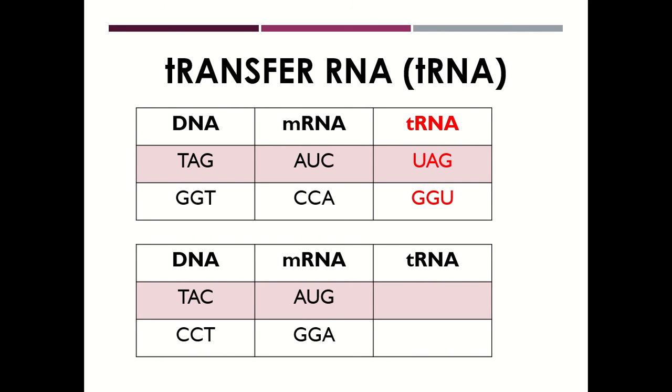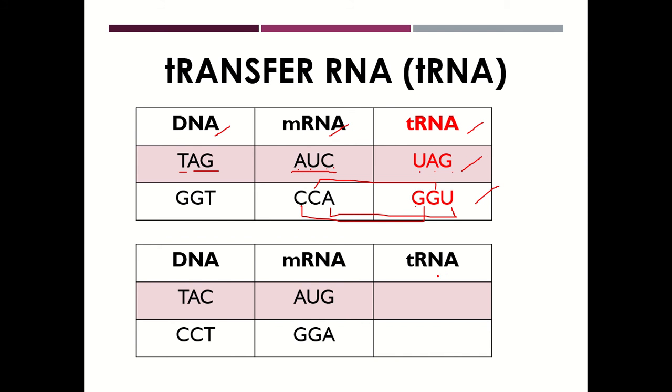Yan, for example of tRNA. Okay, for tRNA, so we have DNA kanina, mRNA, tRNA. So we have TAG, so we have AUC, tama? So yung AUC naman, i-decode natin. So A, U, uracil, adenine, cytosine, guanine. Okay? We have CCA. We have G, C, ang partner niya ay si guanine, cytosine, guanine, and adenine, uracil.